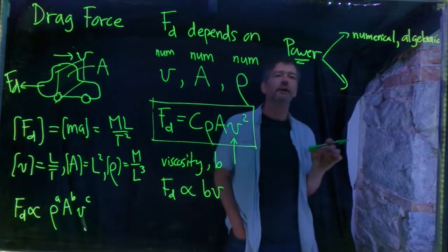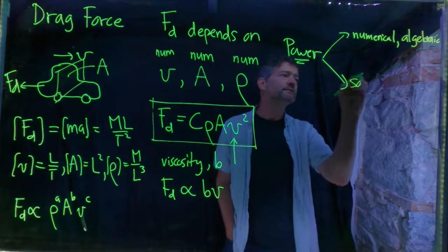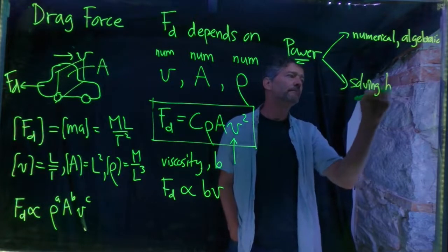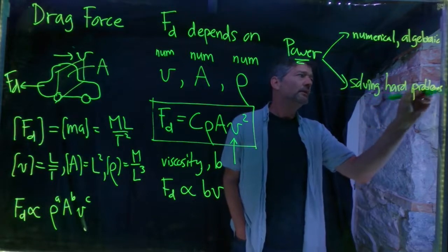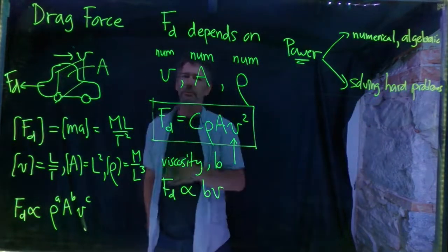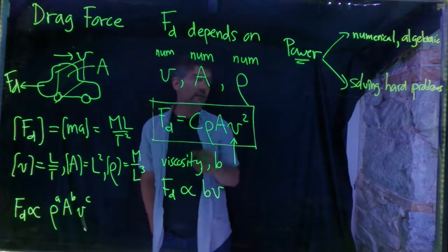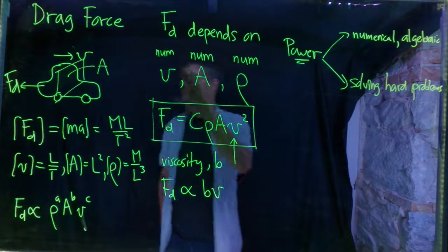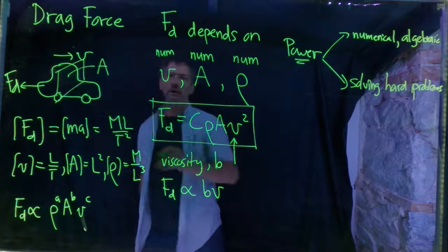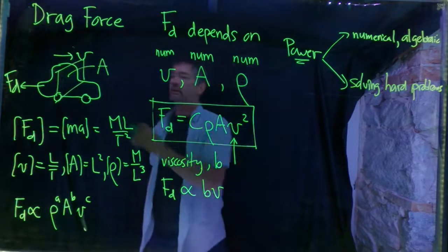But the real power of dimensional analysis is, as I said before, solving hard problems. To solve this in detail would require an in-depth knowledge of flows of fluids, laminar flow, turbulence, all kinds of crazy physics involved in something as simple as drag force.